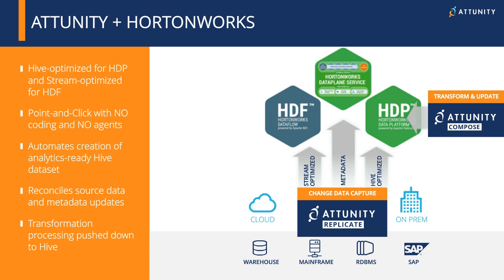So as we move it into HDP, you can be assured that the data you're seeing accurately reflects the current state of those source systems, and that both the data and metadata are being moved in real time, so that if the source systems change, that change automatically gets propagated into Hortonworks. So all of the continuous updates and all of the structuring of this data to make it analytics ready is a fully automated process. And that becomes really important.